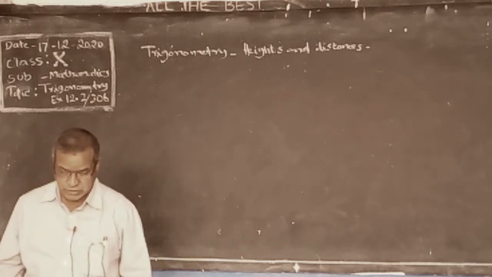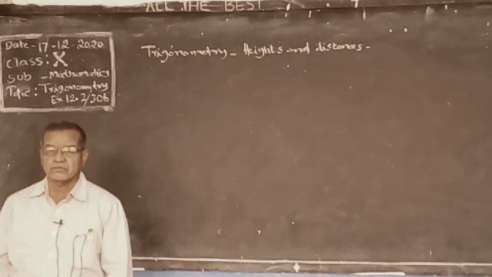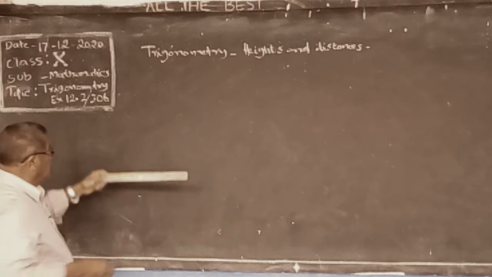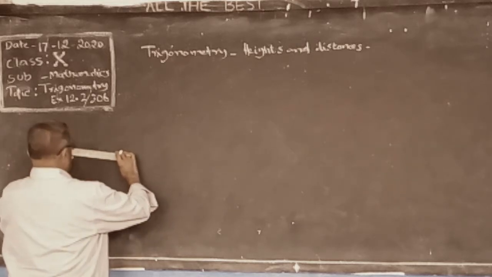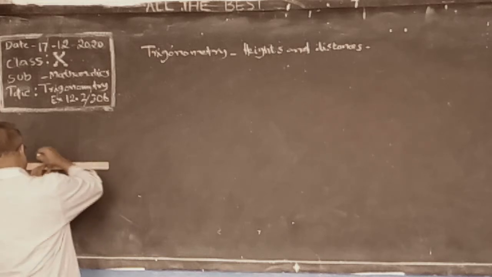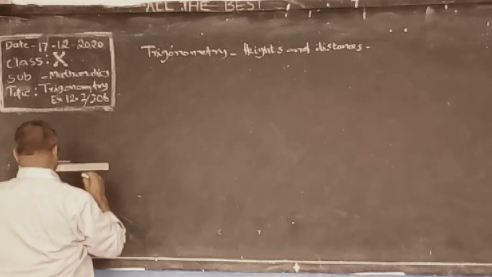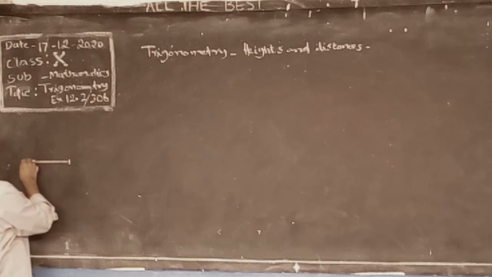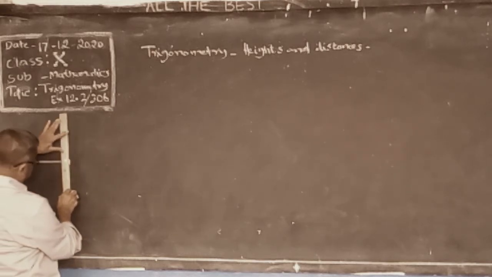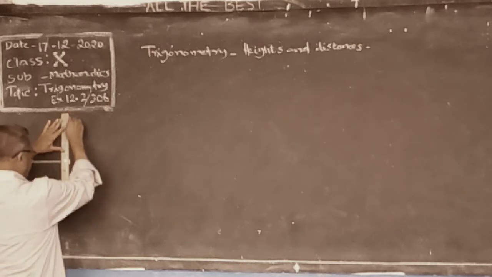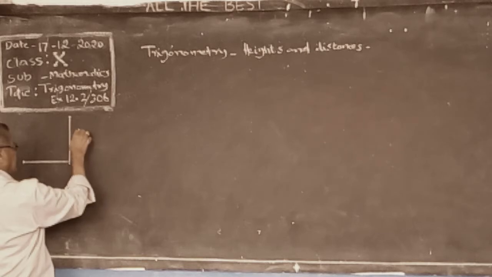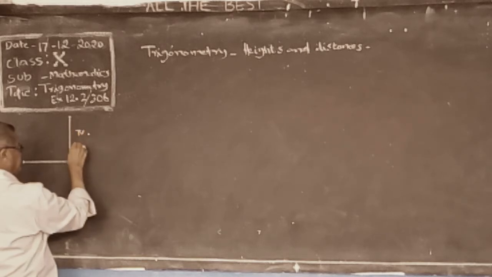See, there is a road. This is the road. On one side there is a TV tower.